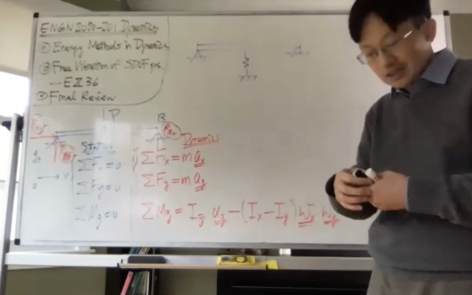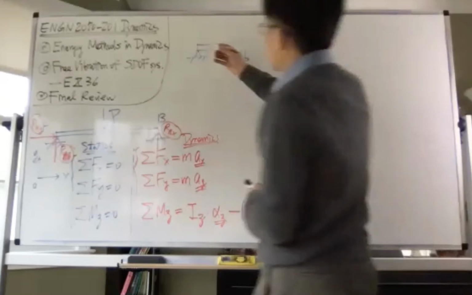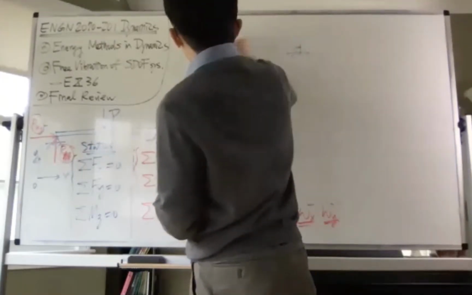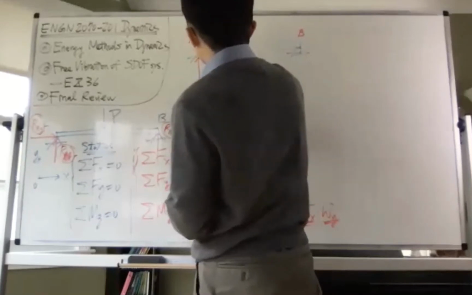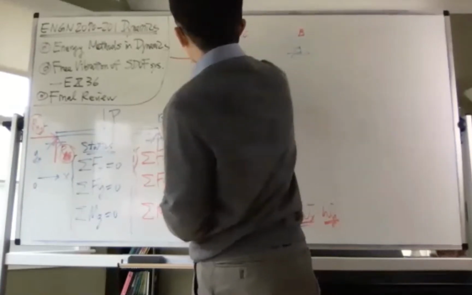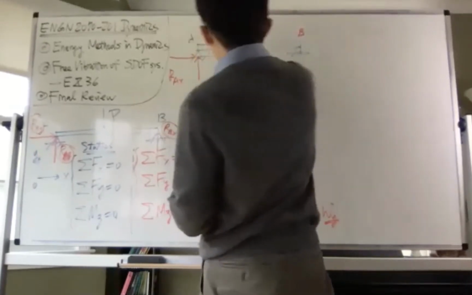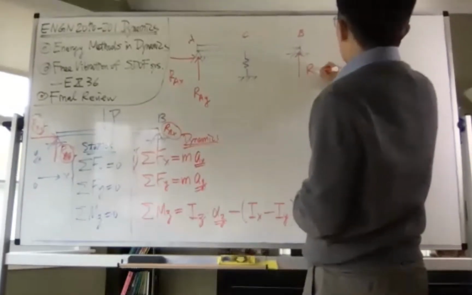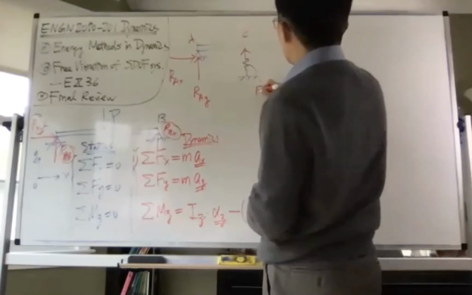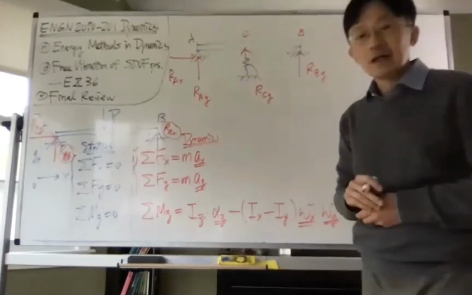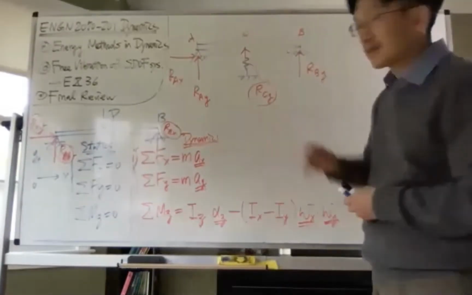Right? Now in this case, how many unknowns do I have? At point A, point B, and point C. At point A, I have Ray, Rax, Rby, and here at point C, I have Rcy. Now I have the force unknowns.